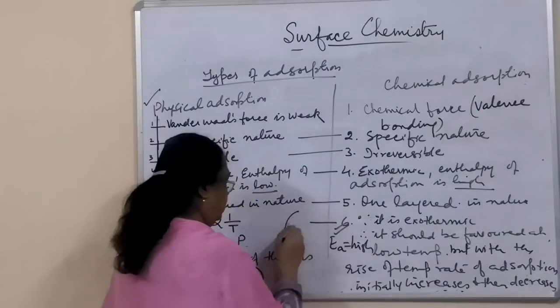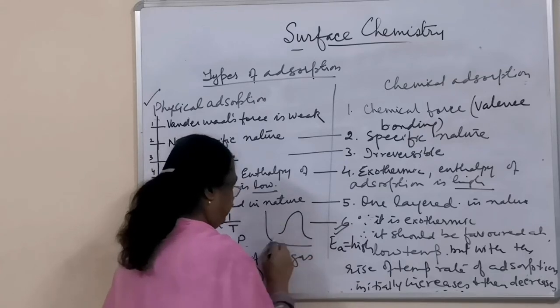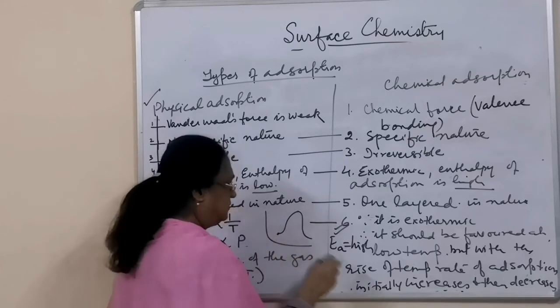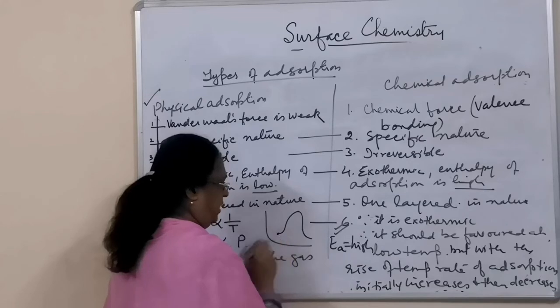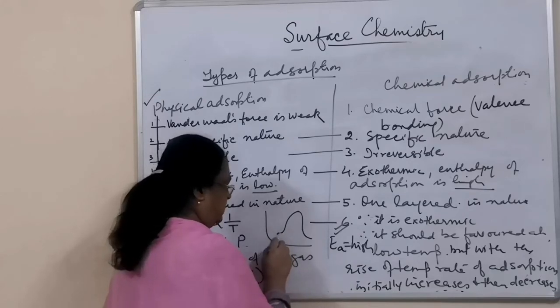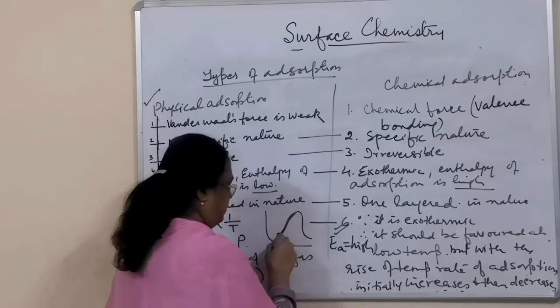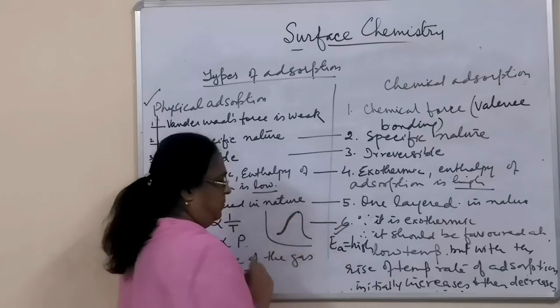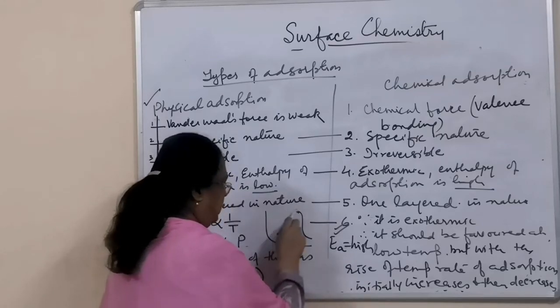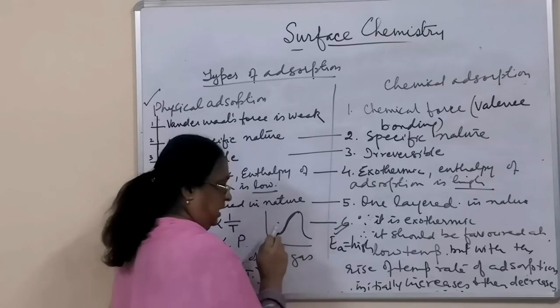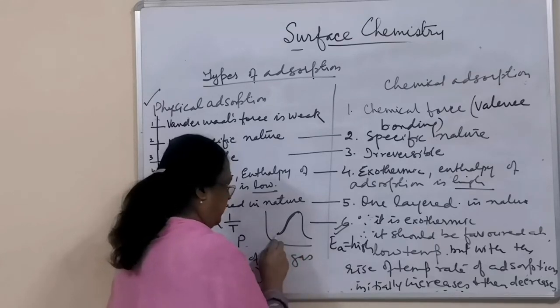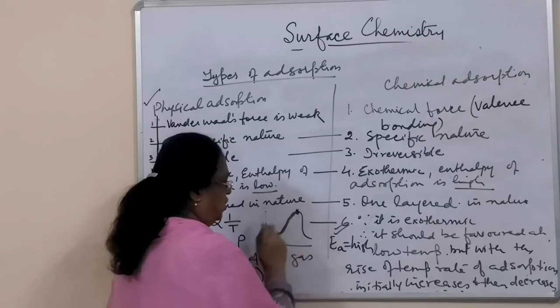If you take the graph, these are the gases which have to be adsorbed. They need this much high energy, and only if they have this much energy can they be adsorbed. So to attain this, they have to be heated. When they are heated in the beginning and once they attain this much energy, they start getting adsorbed.